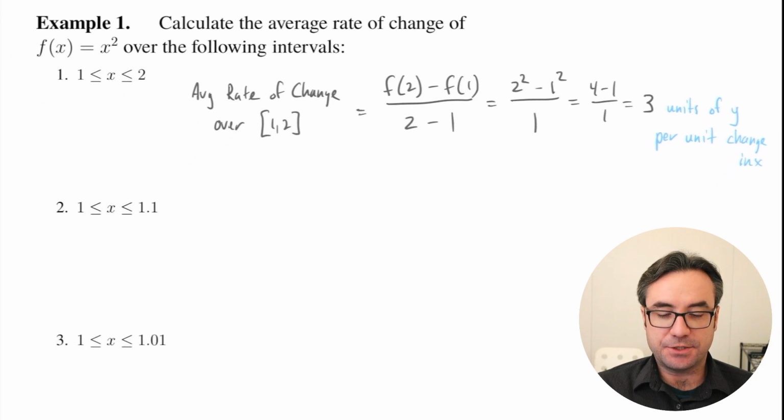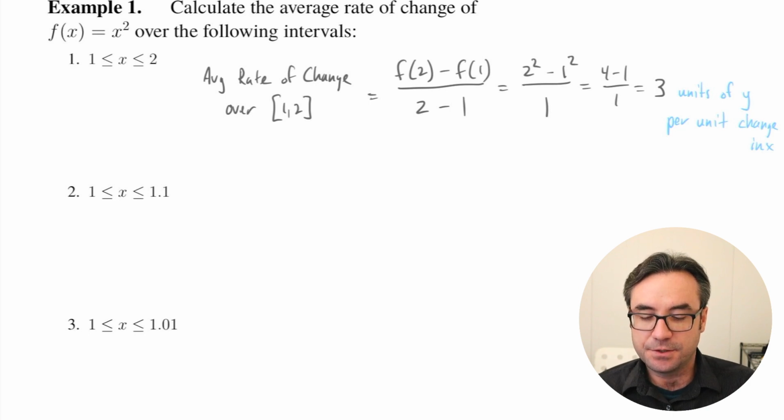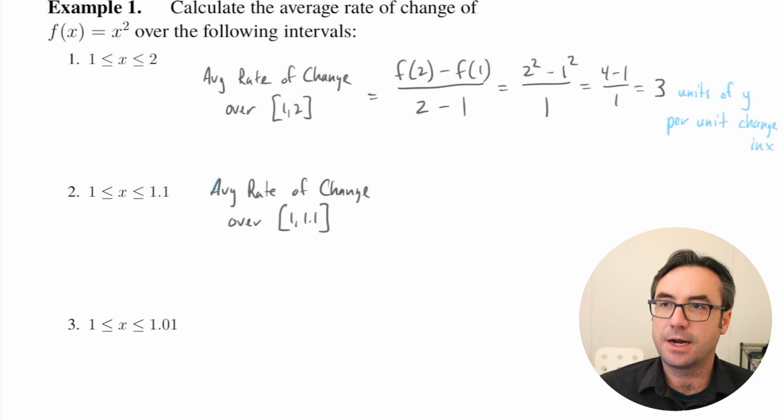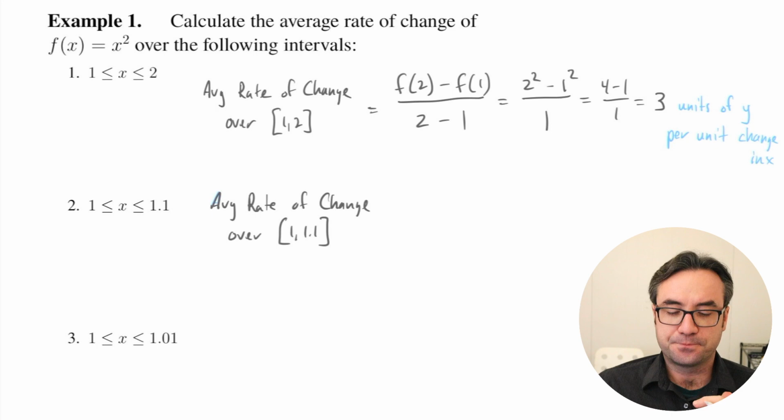All right, well, let's try another example here, another interval, same function, different interval. So we're going to look at the average rate of change over this interval from 1 to 1.1. Same function, but now we're just shrinking that interval down.